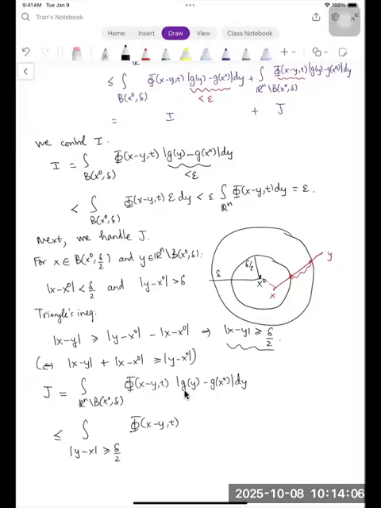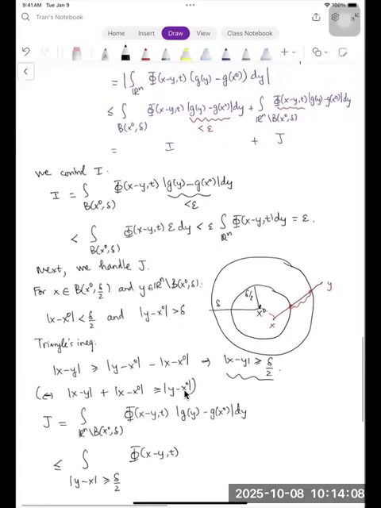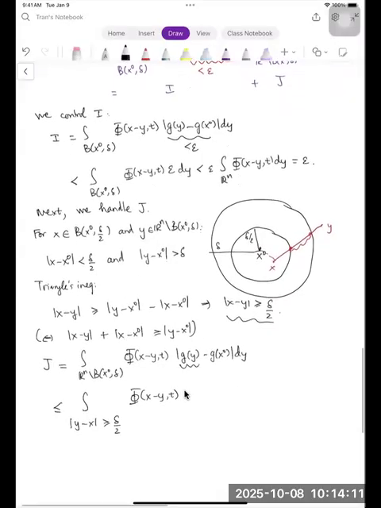And remember that g is given to be a bounded function, bounded by a constant c. So the difference is at most 2c, times 2c dy.